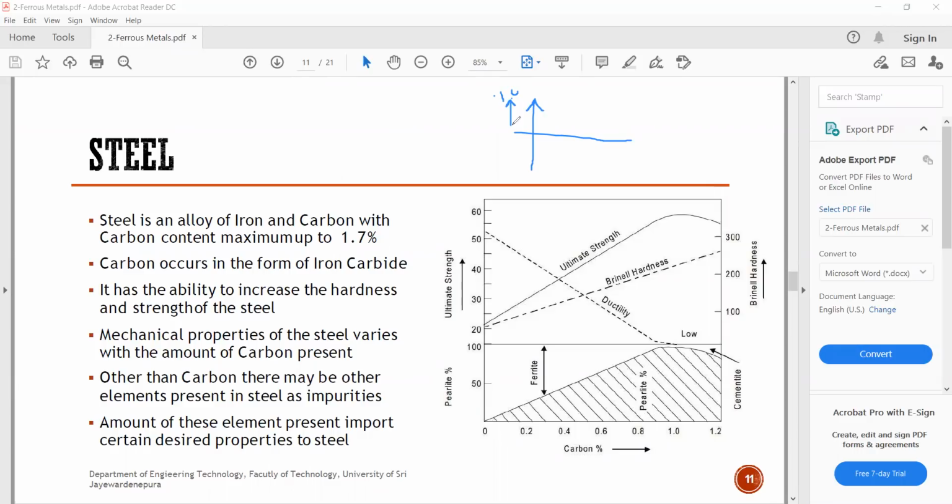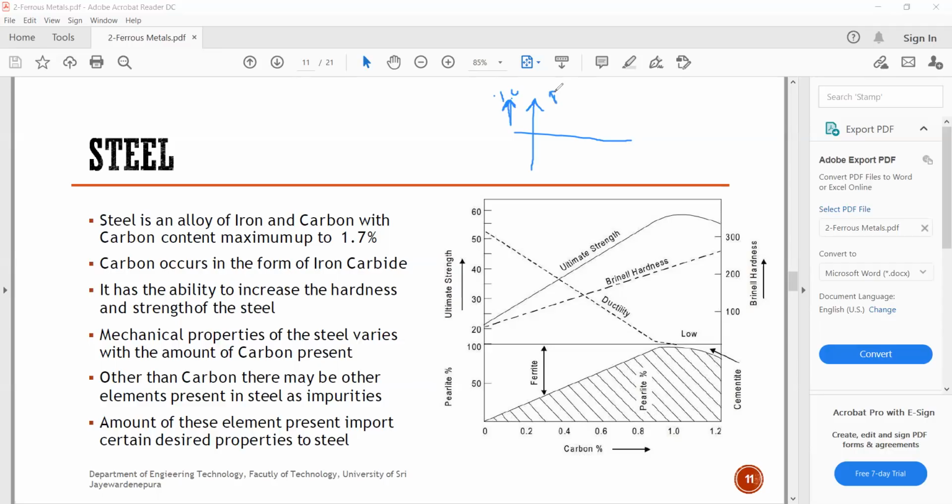You are increasing the amount of carbon in the steel. Then what will happen to the properties of this steel? Proportional stress will be increased.